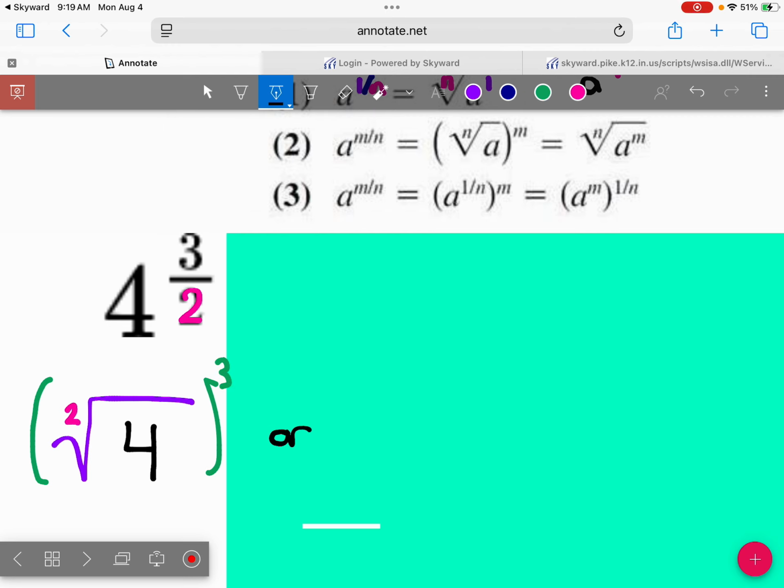Or you can do the same thing where we have our square root of our 4, and you can cube it in here. It does not matter. It's kind of like how 2 times 3 is the same thing as 3 times 2. These are both parts of exponential pieces, so I can do it in whatever order. And there's going to be times when doing them in one order or the other is going to be easier.